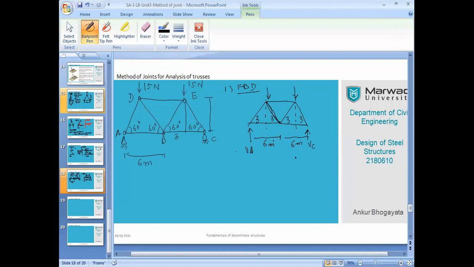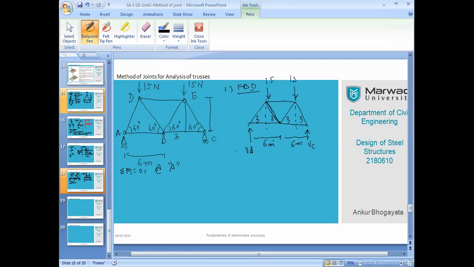So obtain the reactions by using the principle of moments, sigma M equals 0 about point A. So how do we do it? First load 15. This is 15.